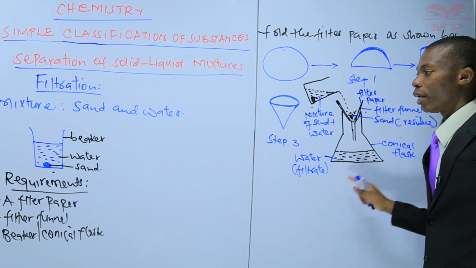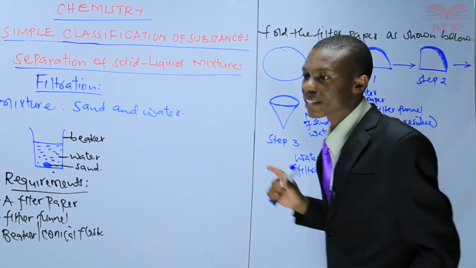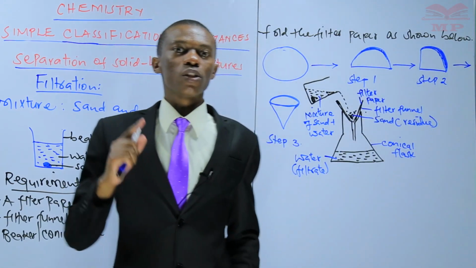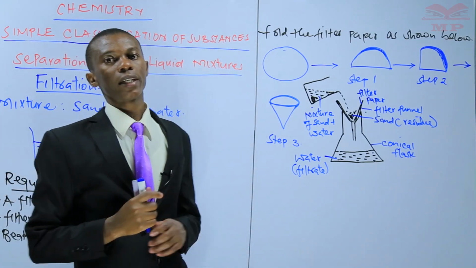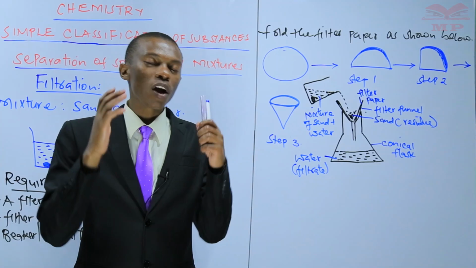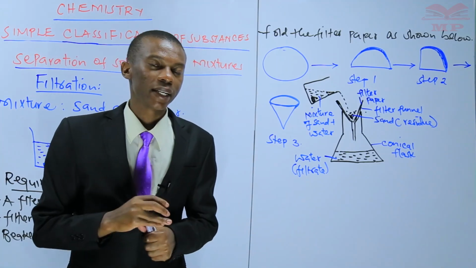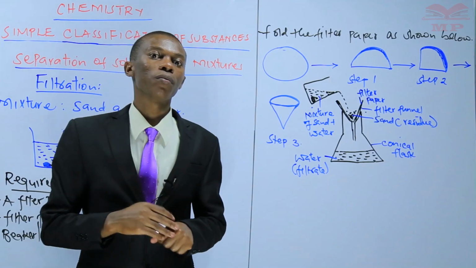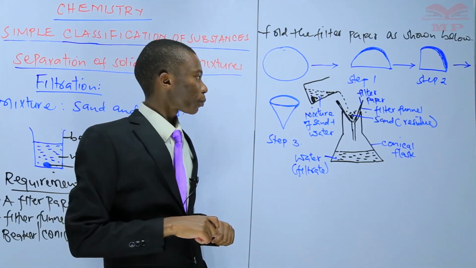Therefore, the water collected in this case is very clear because it does not have solid particles in it. And that is why filtration is more effective compared to the decantation method of separation.